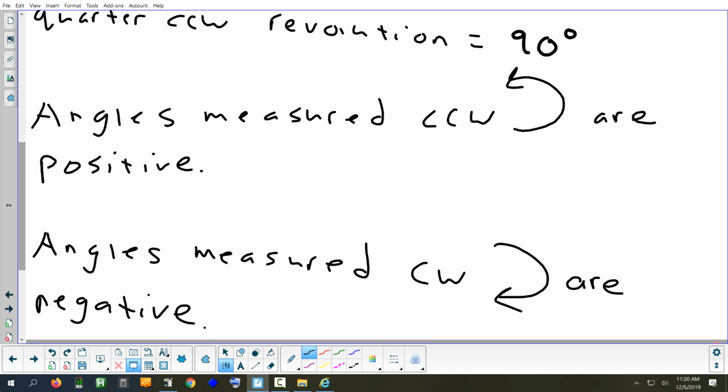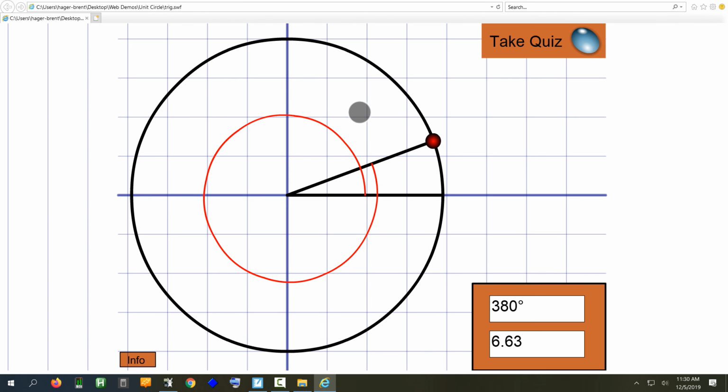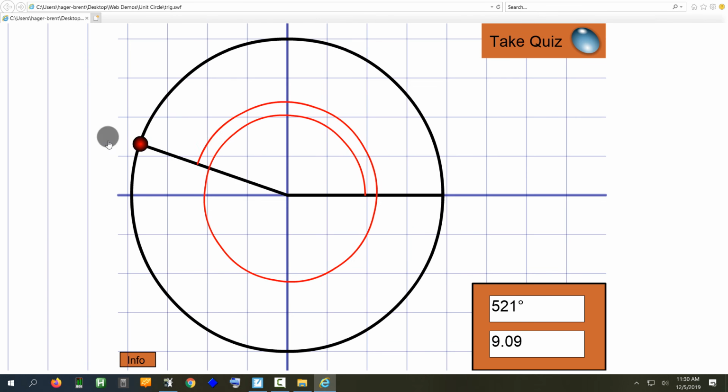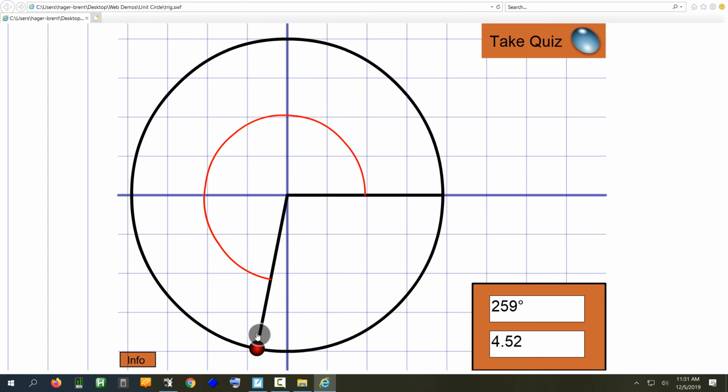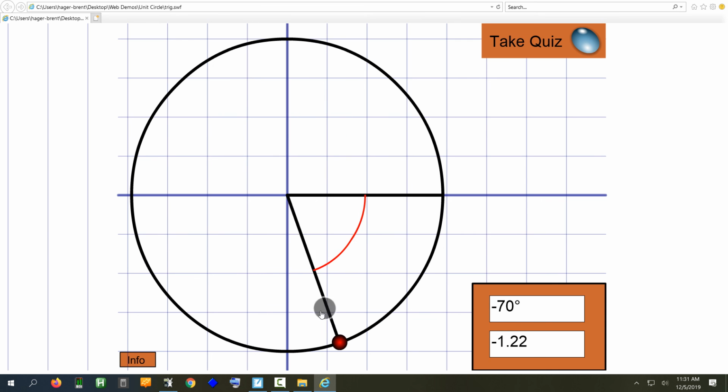So you saw in that program, when I went counterclockwise, I generated a positive angle. And I can even go more than 360 if I want. Like that. Now that's 580. Counterclockwise is positive. Clockwise, let's go this way, is negative.